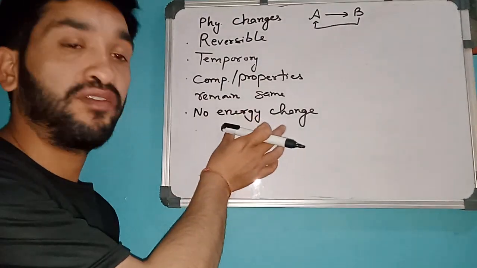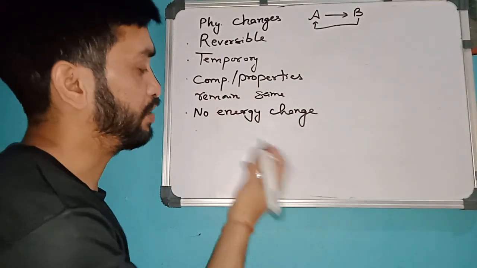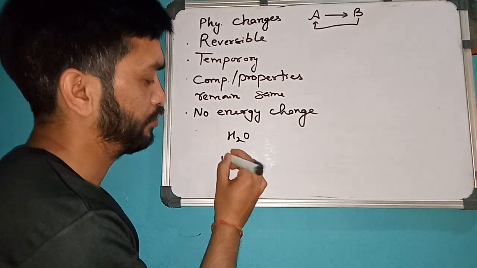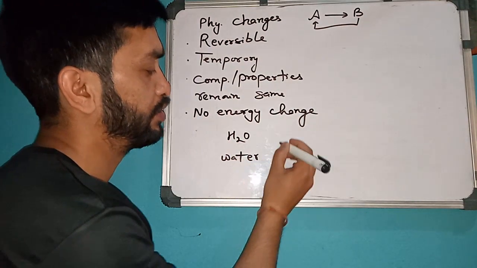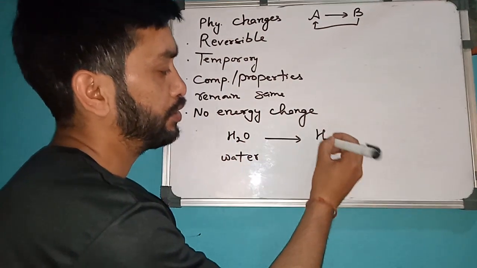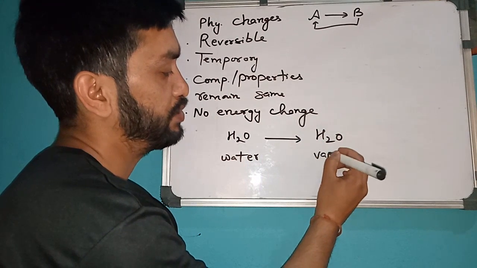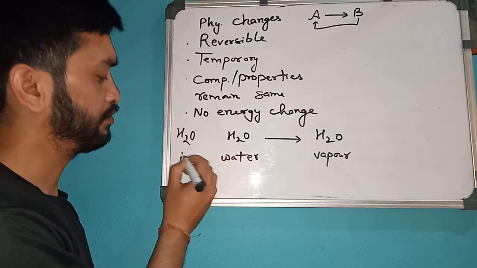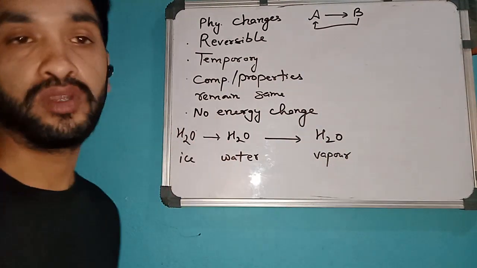But to clarify it more, let us talk about an example. Suppose H2O, water, got converted to H2O vapors, and ice is also water.